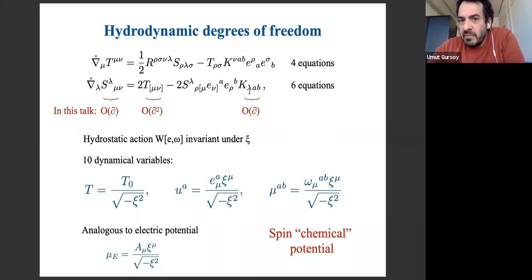So in this talk, I will make a simplification and assume that the spin current is of order 1 in derivatives. This tells me that the antisymmetric part of the energy momentum stress tensor should be order 2 in derivatives. And it also tells me that the contortion should be of order 1. So this is an assumption.